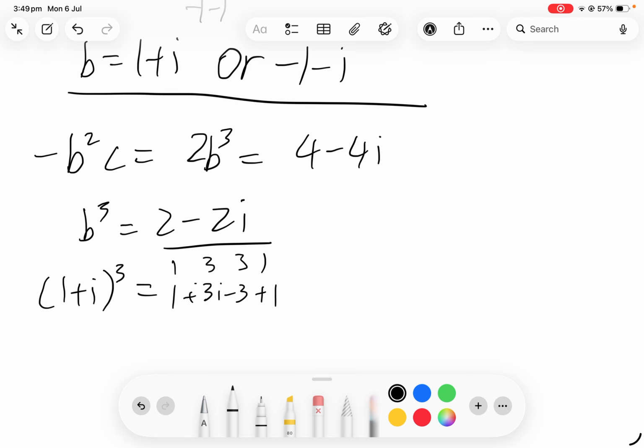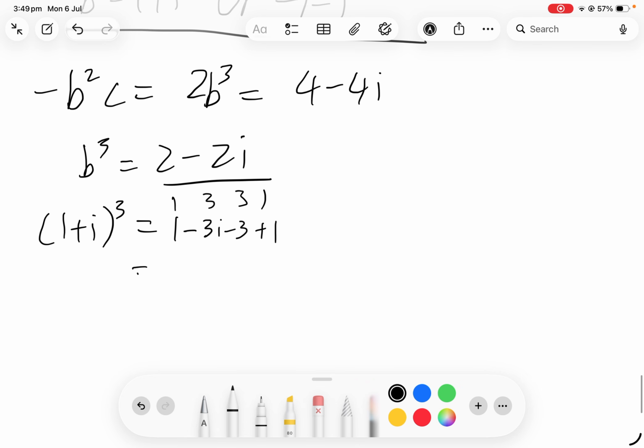Wait, is that right? No, that is indeed not quite right. When it's here, i is to the power 0, so nothing happens.